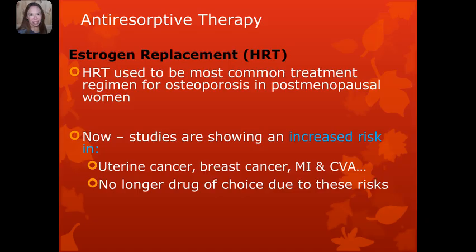And here we have a drug that can actually cause some problems. So the studies are showing an increased risk for uterine cancer, breast cancer, myocardial infarctions, and cerebrovascular accidents. So because of these increased risk factors, estrogen replacement therapy is no longer the drug of choice due to these risks.